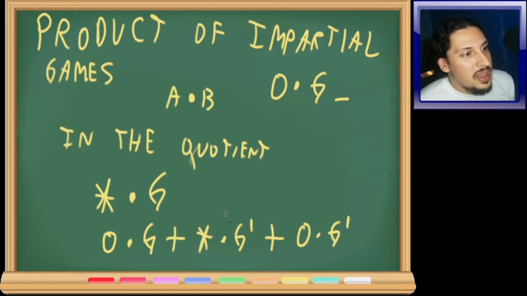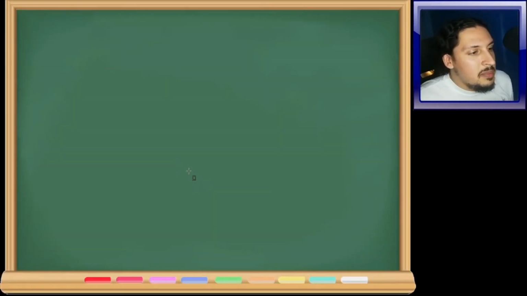And you might ask, so this means that maybe now the set of games is a field. Well, basically it is, but the operation is quite complicated.